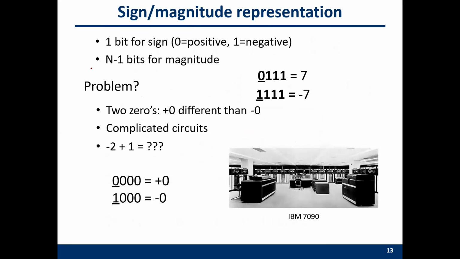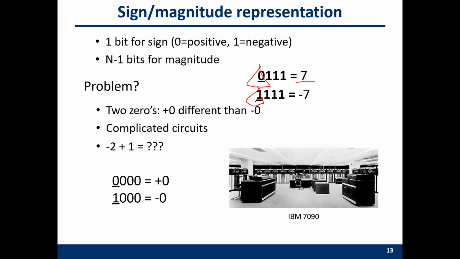Next slide, we will talk about subtraction. When we talk about subtraction, we need to handle a negative number. In order to indicate a negative number, we need to keep a digit for the sign. So we keep the most significant bit as a sign bit for negative or positive. If it's a 0, then it's a positive number.